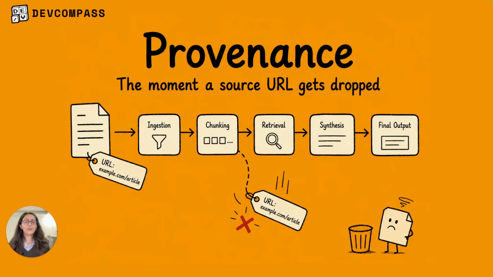Literally ace it. Okay, so let's talk about provenance: the moment a source URL gets dropped. We have talked about a lot of failures, multi-agent, and how there's a context problem, there's a measurement problem, etc. Looking back at stage 3, video 2, we talked about context isolation, the broken pipeline where the sub-agent found the document with the source URL, the document name, the date, but returned the text only.